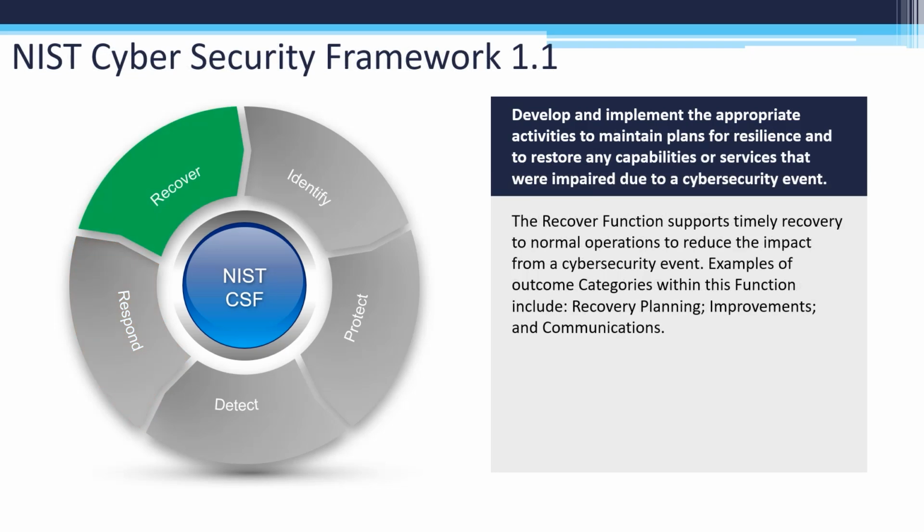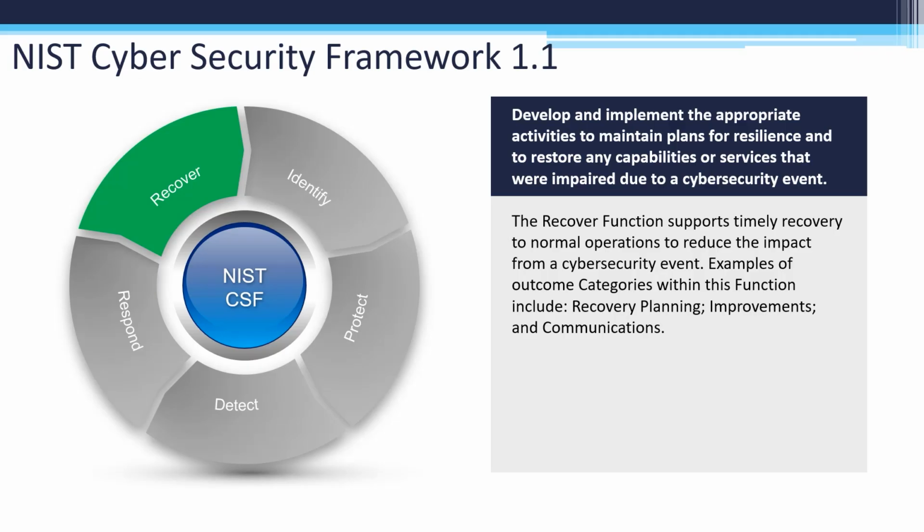Then finally, the recover function is where we develop and implement the appropriate activities to maintain plans for resilience and to restore any capabilities or services that were impaired due to a cybersecurity event. The recover function supports a timely recovery to normal operations to reduce the impact from a cybersecurity event. Examples of the outcome categories within this function include recovery planning, improvements, and communications.